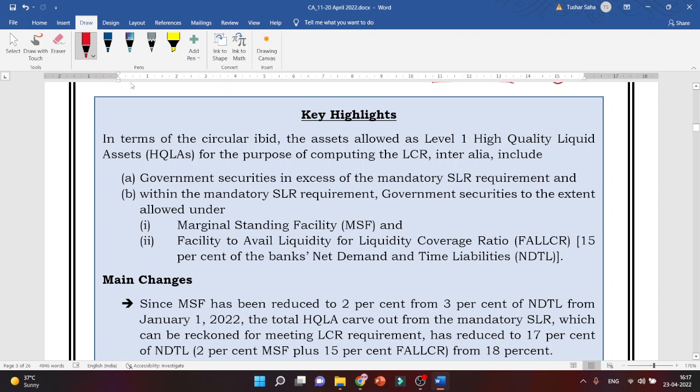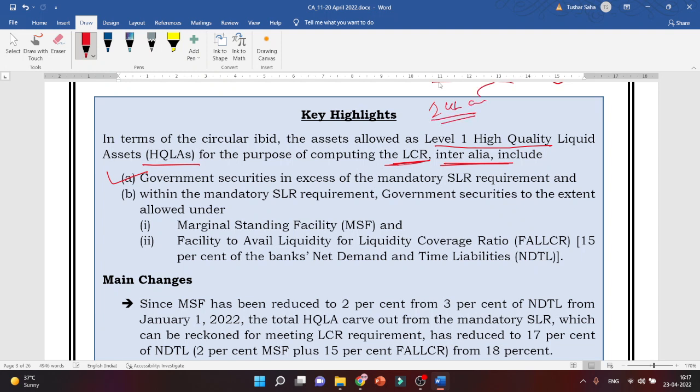In terms of the circular, the assets allowed as Level 1 high quality liquid assets, HQLA, for the purpose of computing the LCR inter alia include government securities in excess of the mandatory SLR requirement. So let's say in SLR, the bank has kept 1 lakh crore.